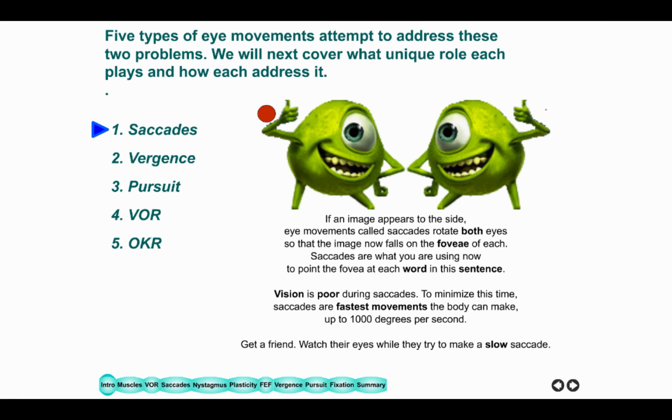If you notice, you can't see the eye move during the saccade. It goes so fast. Now try making slow saccades. If you haven't tried that, try to move slowly.